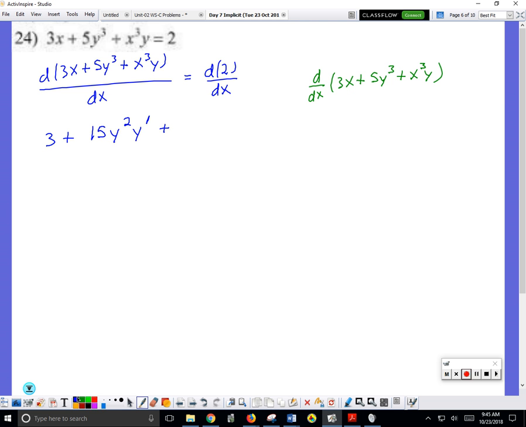So using the product rule, this would become the second function multiplied by the derivative of the first, plus the first function multiplied by the derivative of the second. Camry, did that answer your question? There we go. Keep going.